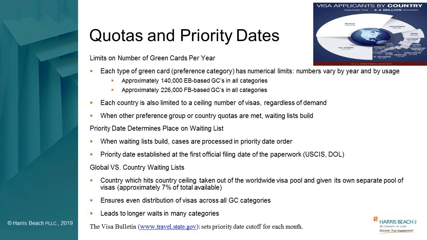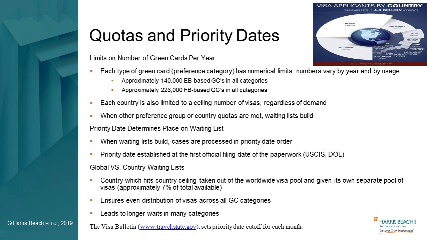So it's kind of this complicated formula where all these things get mixed together, and basically when there are too many people applying for green cards in one of those combinations in a particular category from a particular country, what can happen is these waiting backlogs can be created, and waiting periods can ensue, which I'll talk about in a little bit.